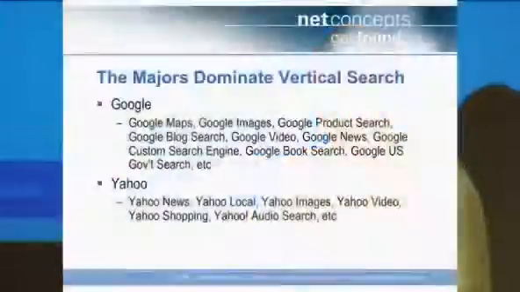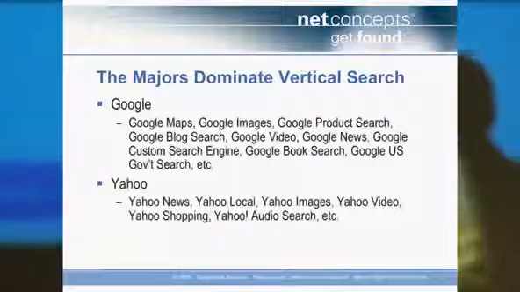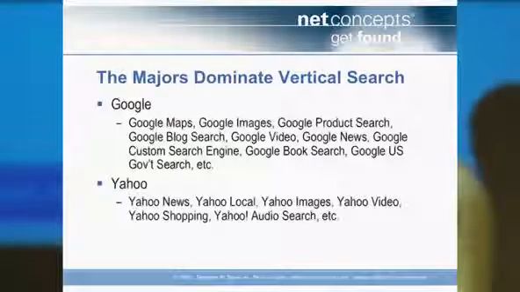If you are interested in marketing your particular bits of media, like video media and podcasts and so forth, there are some great vertical search engines particular to that media type. And that's great. But in reality, there really is a large market dominance with the major players being Google and Yahoo.